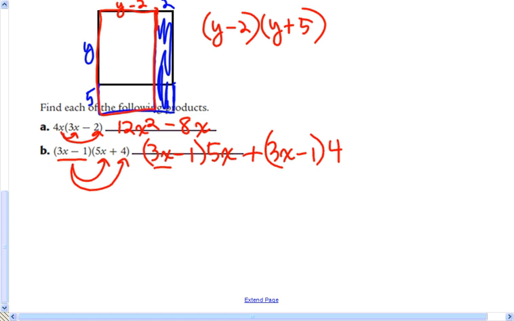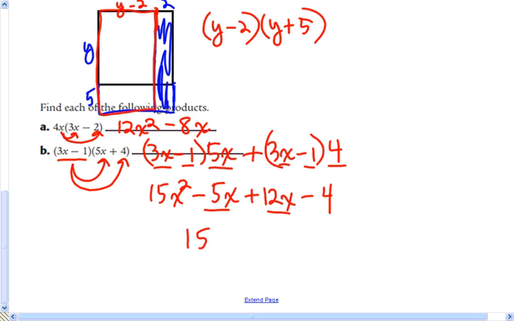And so we get 3x times 5x is 15x squared, minus 1 times 5x is minus 5x, 3x times 4 is 12x, and minus 1 times 4 is minus 4. And then we can combine like terms and we get 15x squared plus 7x minus 4.